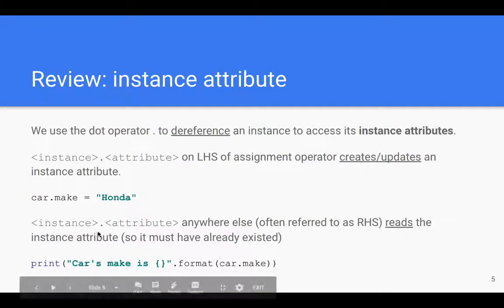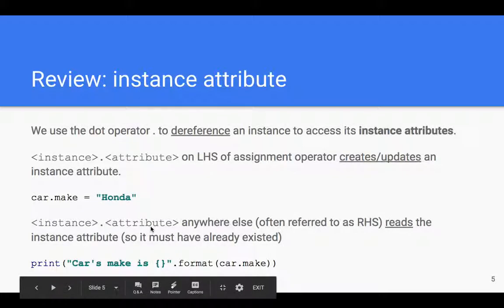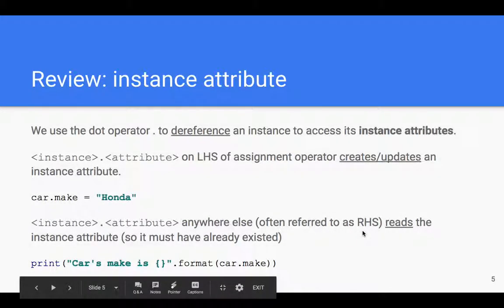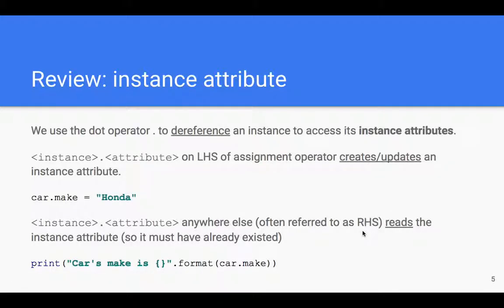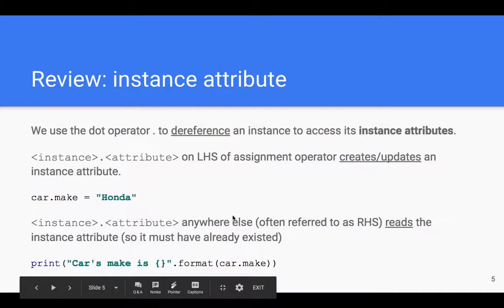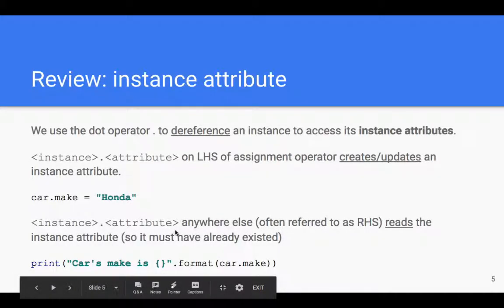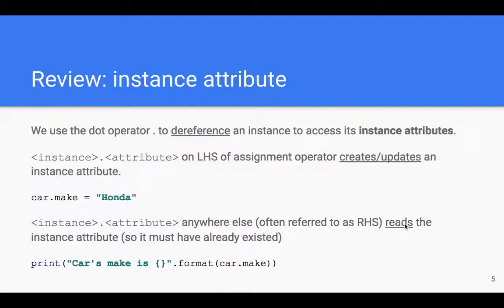And then instance dot attribute anywhere else other than the left hand side of an assignment operator, usually you call that right hand side, even though it may not actually be on the right hand side. When it appears in places other than the left hand side, it reads that instance attribute.